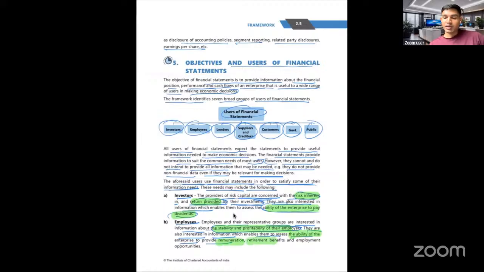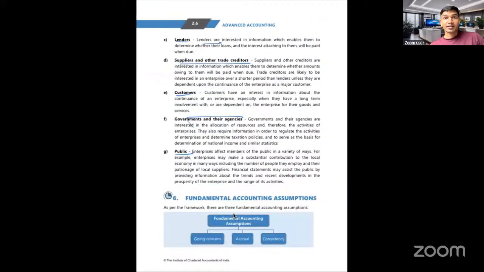Lenders are interested in the information which enables them to determine whether their loans and the interest attaching to them will be paid when due.